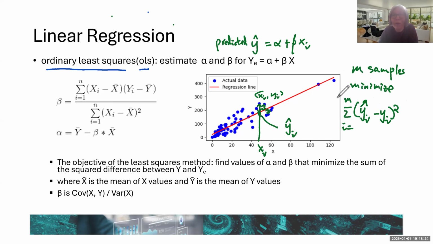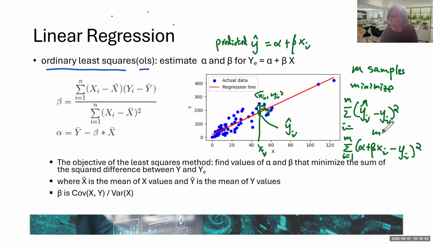And to find the minimum, this y hat can be represented, so it changes to the sum over i of (alpha plus beta xi minus yi) squared. In this equation, alpha and beta are unknown.